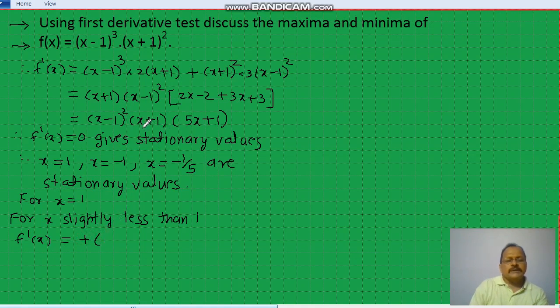Second number is (x plus 1), x is slightly less than 1, but 1 plus any positive number gives you a positive quantity, and here also some positive number multiplied by 5 plus 1 gives you a positive number. So I can say that f dash (1 minus h) is positive.